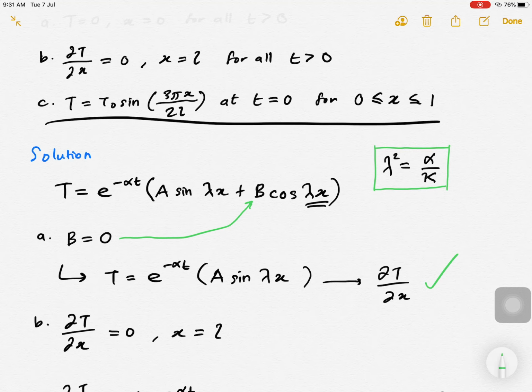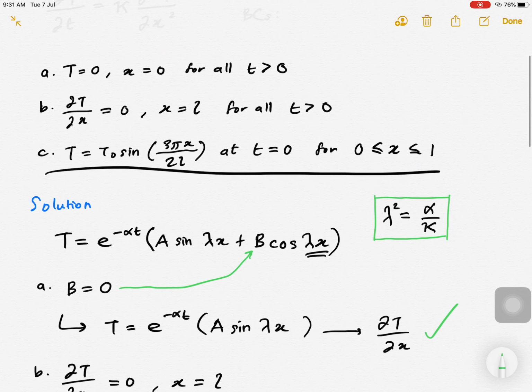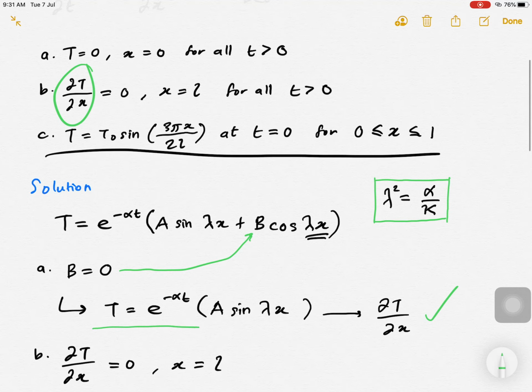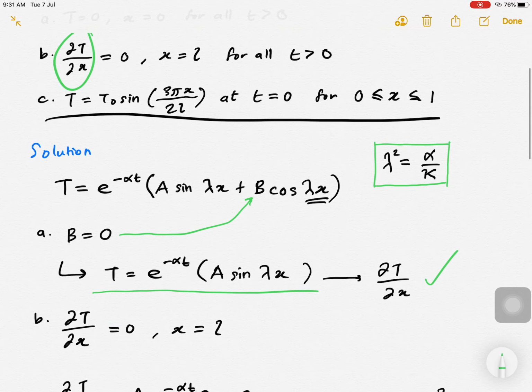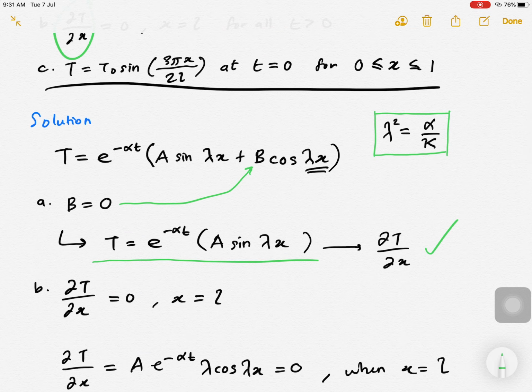Now we consider the second boundary condition, which is we need to find dT/dx, the temperature gradient. So we need to differentiate this one with respect to x.